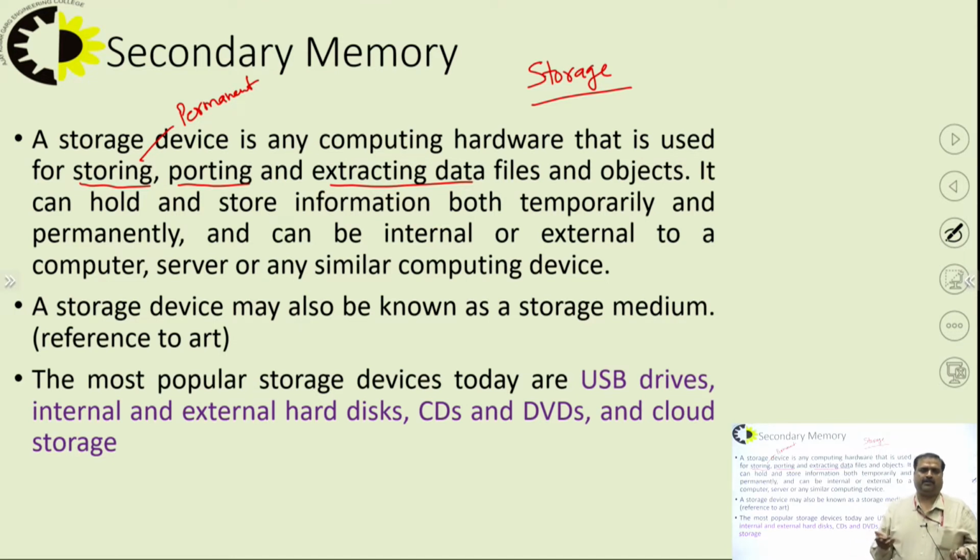When the device is already installed into that computer system, that is called internal secondary memory. And an external device is not attached to the computer system; rather, whenever we require, we can attach it to the system and use it.